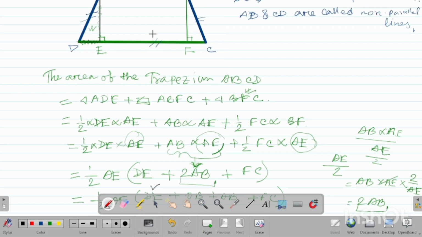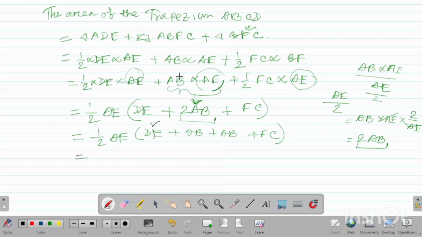Then if we replace AB as EF, then we will get half of AE multiplied by DE plus EF plus AB plus FC.